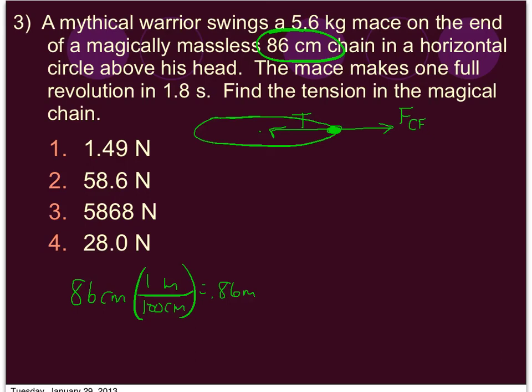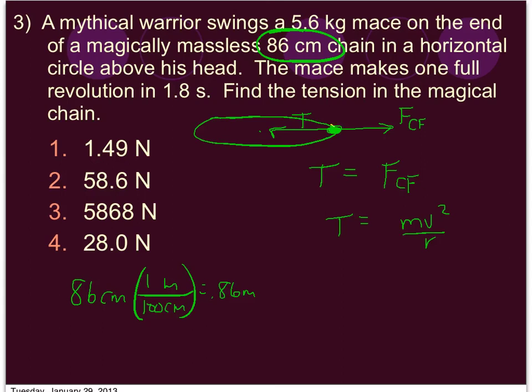Now that we've got that converted, we can set the tension equal to the centrifugal force, because again, F net has to be 0. And I can substitute in here for my centrifugal force, mv squared over r. Now, I was not given a velocity in this particular problem, so what I can do is solve for that.